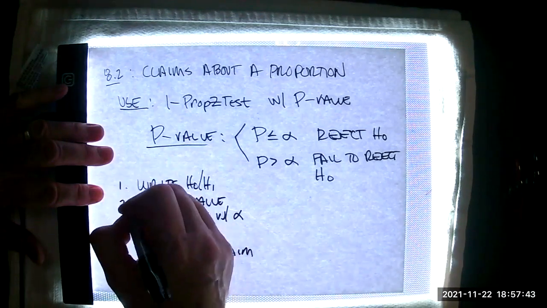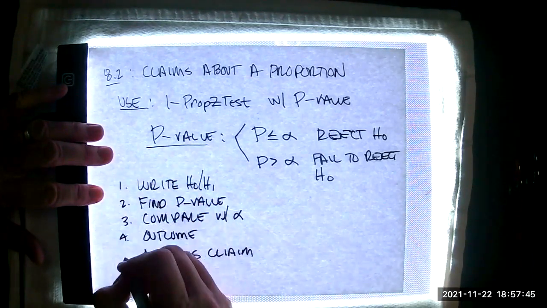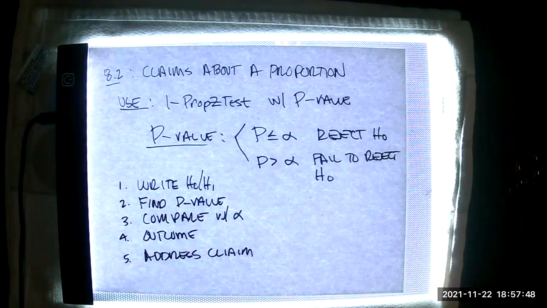So 1, 2, 3, 4, 5. So I can ask you to demonstrate any one of those, or even all 5, I suppose, within a single problem. But you'll need to be able to do that.